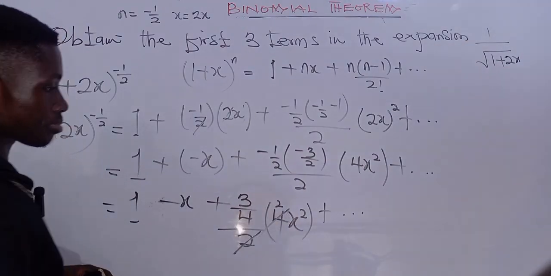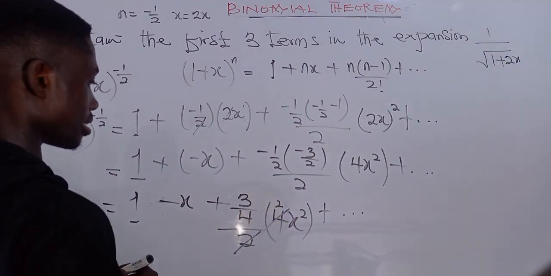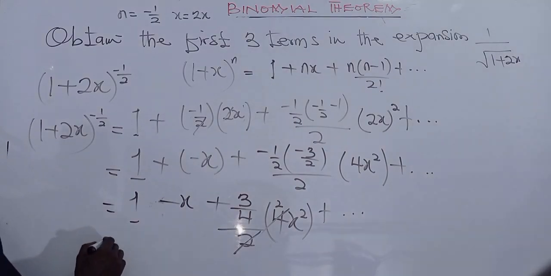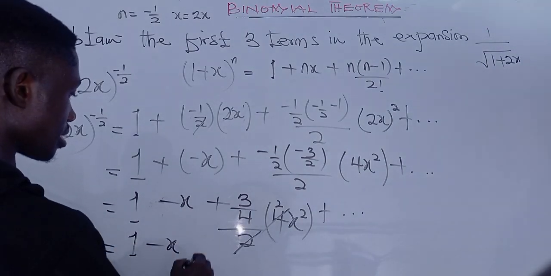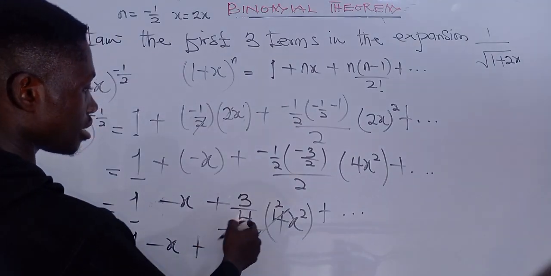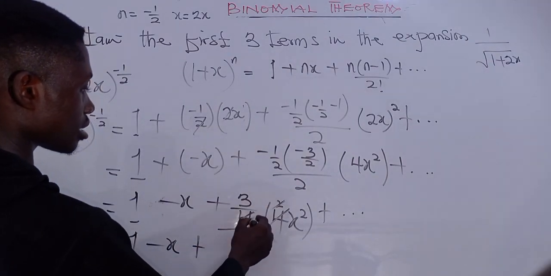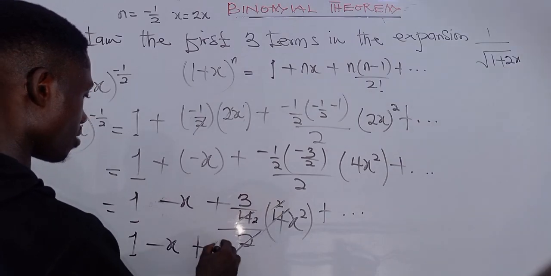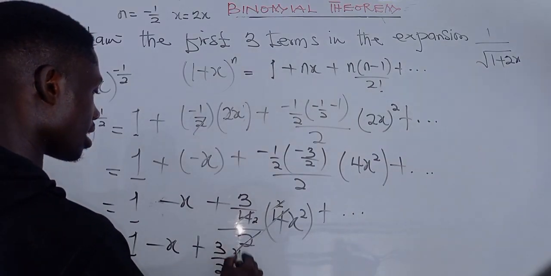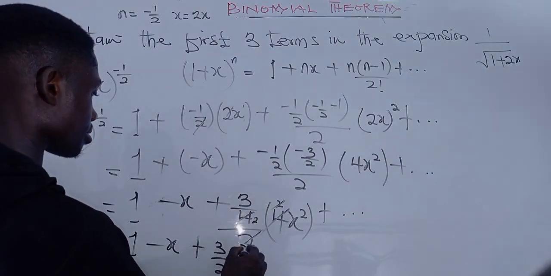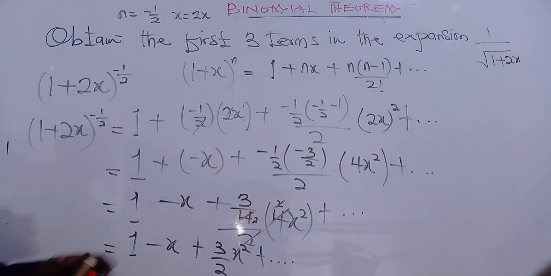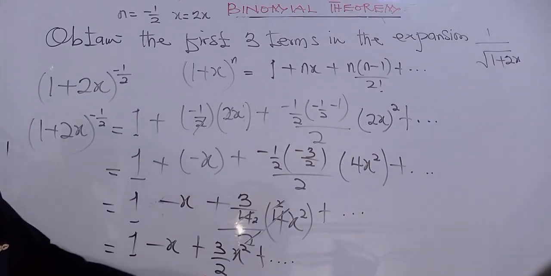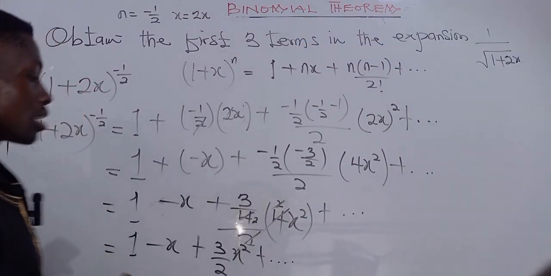We have 2. Isn't it? Yes, it is. So we have 1 minus x, and then we have plus, this can also cancel this, we have 2, so we have 3 over 2 x squared. So this is the first three terms of the binomial expansion of 1 over root of 1 plus 2x.